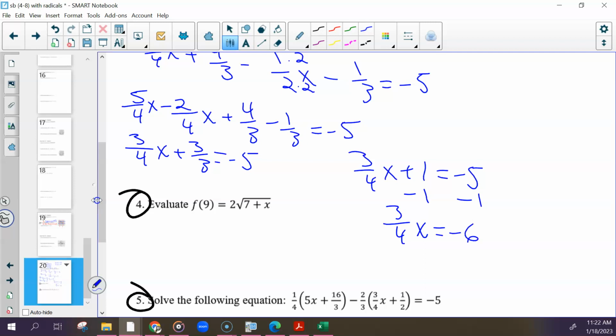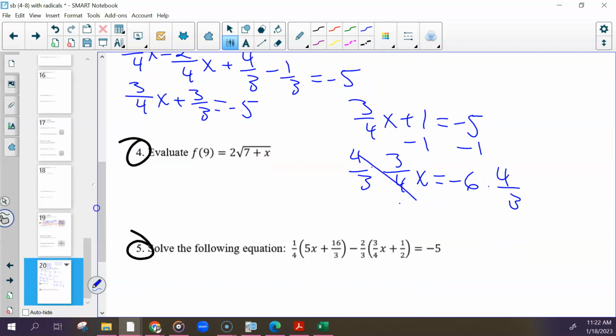And then how would we get rid of the 3/4? Nature. Multiply by the reciprocal. You take it, flip it, multiply it out on both sides. Which would give us x equals -24 over 3, or x equals negative 8. All of those fractions just to get a whole number.